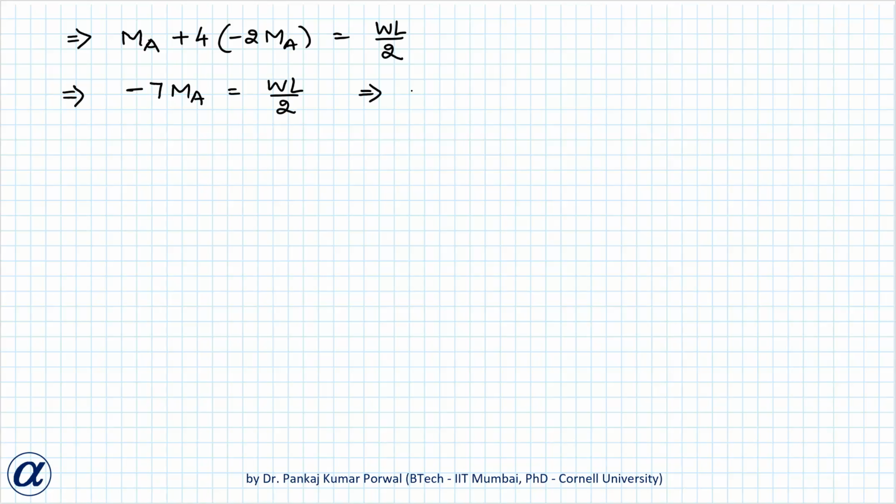This gives me MA equals to minus WL by 14. MB is minus 2MA, so that becomes WL by 7. And MC we already know is minus WL by 2. So now I know values of all the bending moments at the ends of the segments.